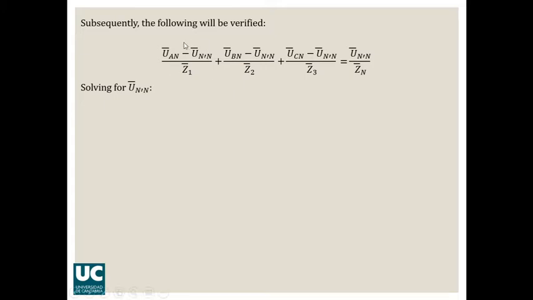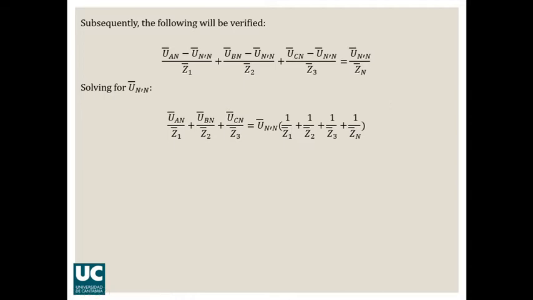As you can understand here, you have UN prime N in all the terms. So, if you want, you can separate these differences into two fractions, and after that you can solve for UN prime N. And you can isolate all the terms with UN prime N at one side of the equation.